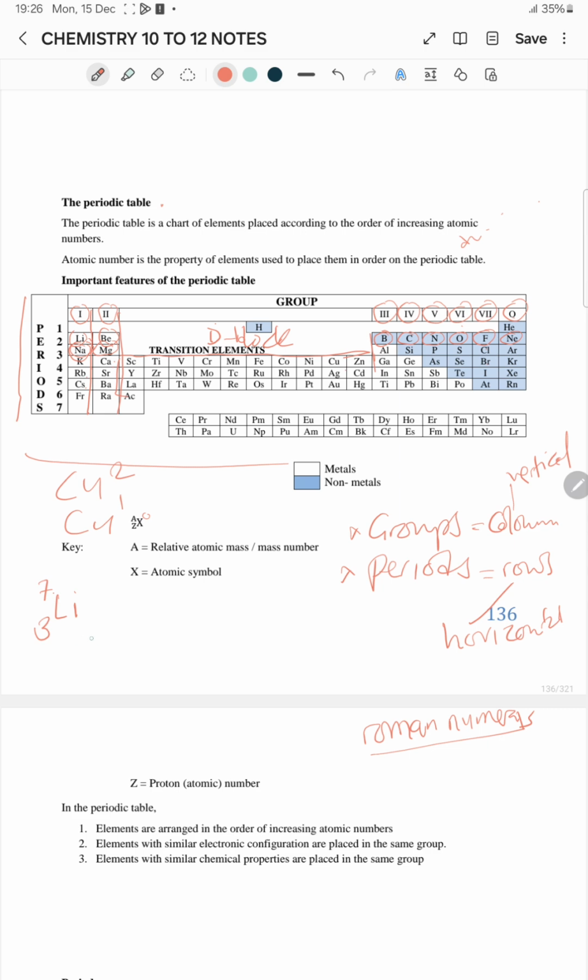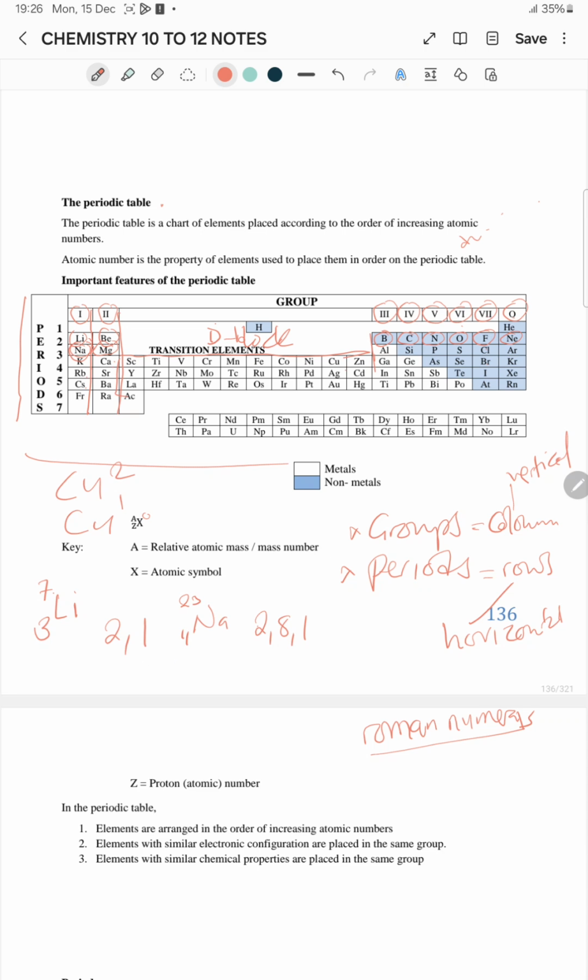So therefore, if we write the configuration, it will be 2, 1. Let me go to sodium. Sodium, Na, 23, 11. If I write the configuration, it's going to be 2, 8, 1. Now, have you noticed something here?